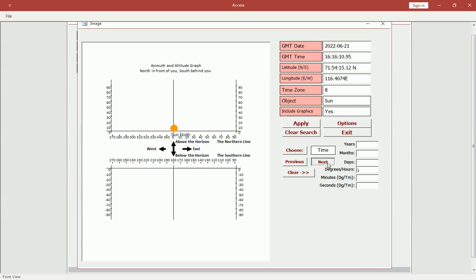So click next. It starts to rise. Next, next, next. Here is about east. We have the noon point. Now the sun is moving down, returning back to what I can call the midnight point.